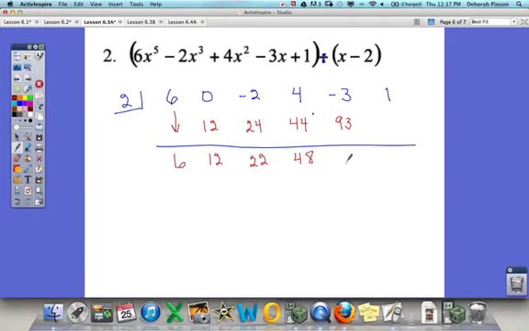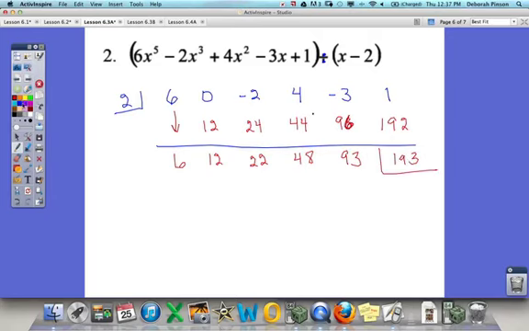Remember how I told you on the long division? I feel like the numbers either start to get really big or they seem to kind of stay small. So this one they're getting kind of big. And 2 times 96 is 192. So 193 when I add down.